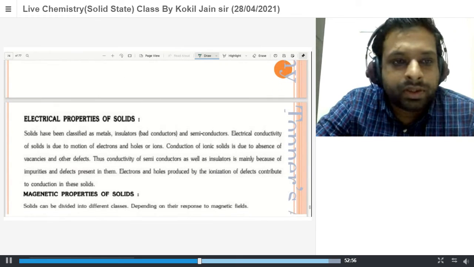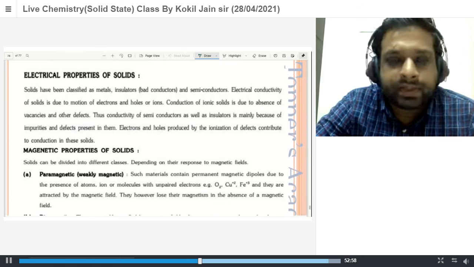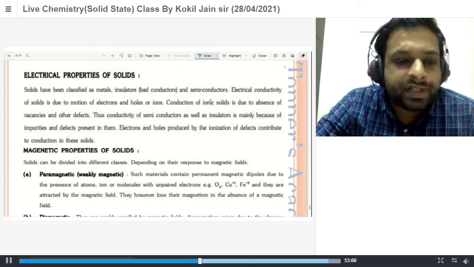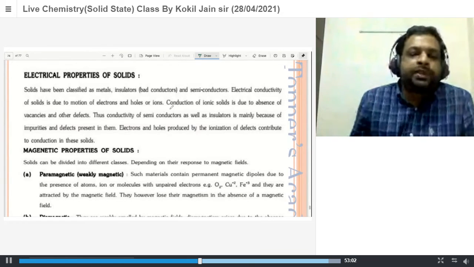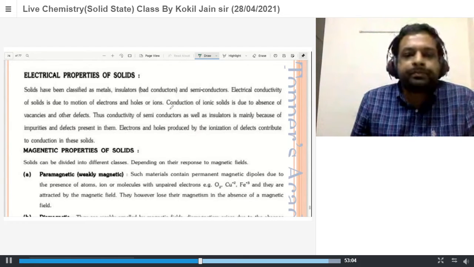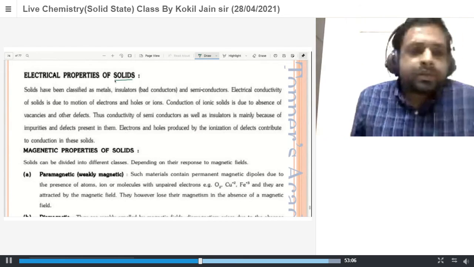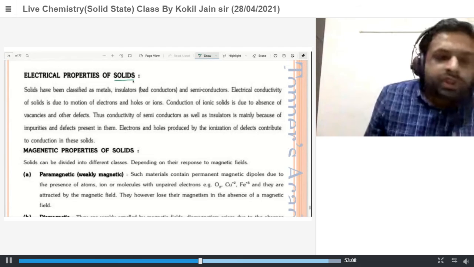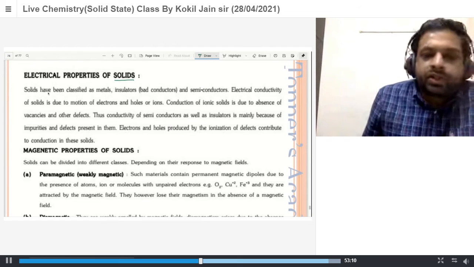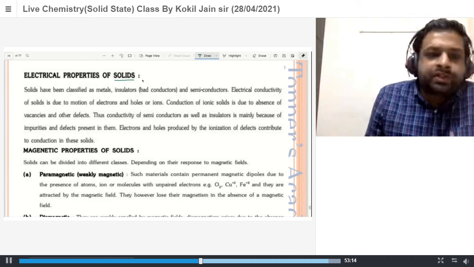Now the last part of this topic. First, let's see the electrical properties of the solids here. Okay. Generally, each type of solid.